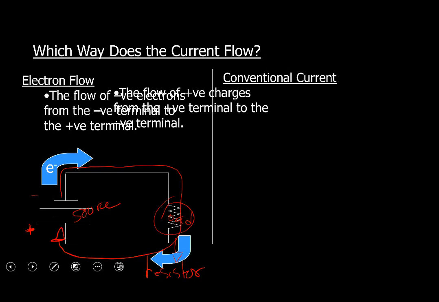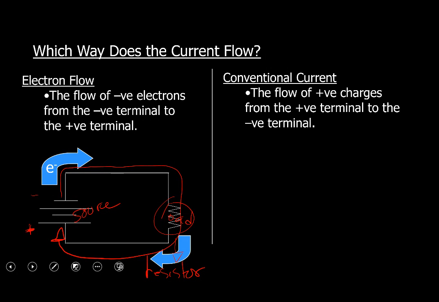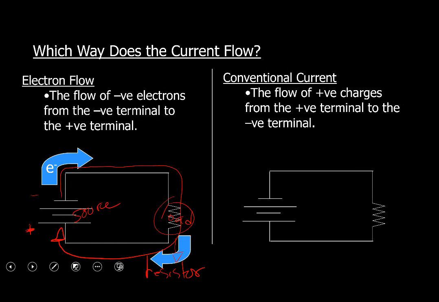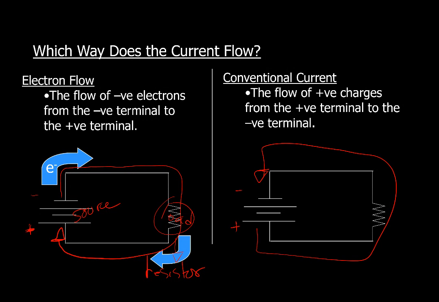Now, conventional current, which if you're going into college to be an electrician, is thought of as positive charges going from the positive terminal around to the negative terminal. Other than the information you see on this slide, though, I generally think of it as electron flow because, as we know from the structure of the atom, electrons can be removed and moved through circuits, and protons, positive charges, cannot.